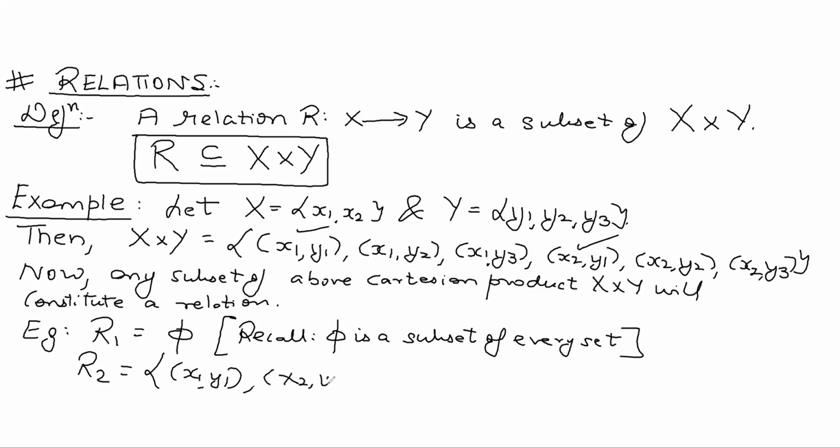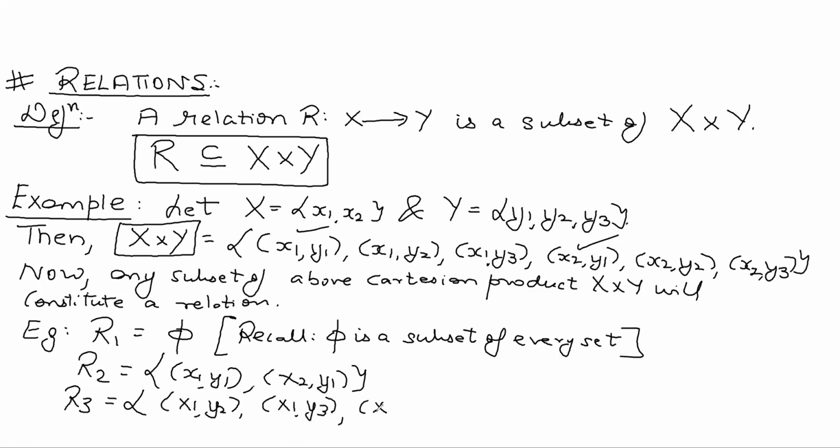Randomly I have taken. This is also a relation because it is a subset of x cross y. I can take another one: x1 y2, x1 y3, x2 y2. This is also a relation because this is also a subset of x cross y.